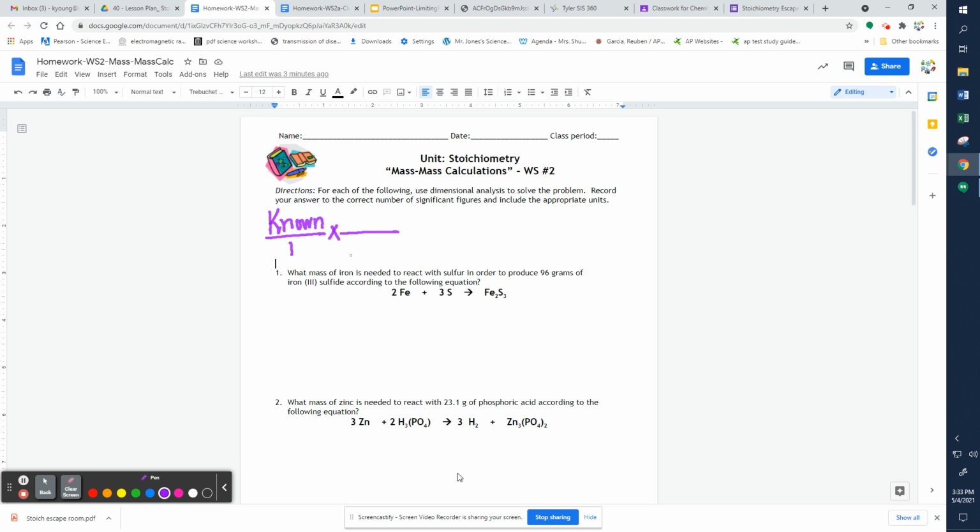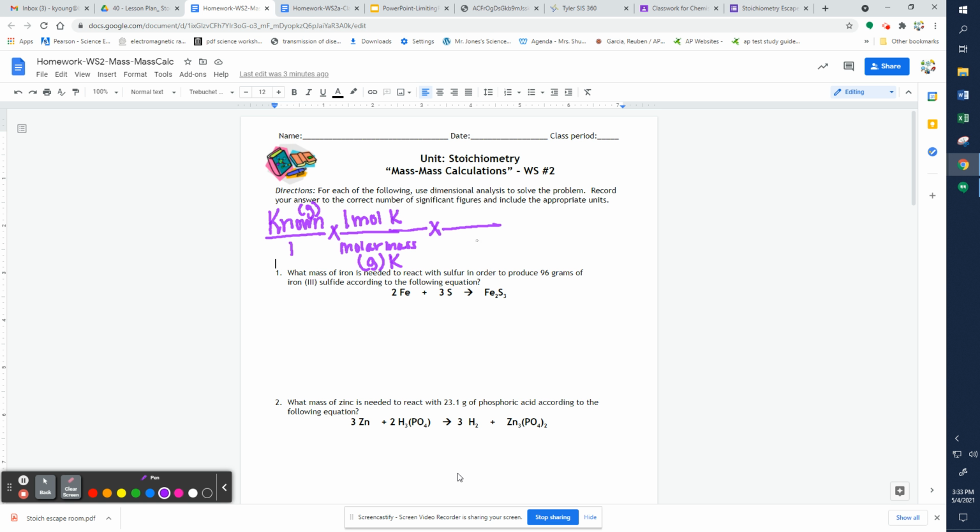From your known, which is always given in grams, you're going to multiply by the molar mass in grams on the bottom. Those are going to cancel out, and that's going to be the molar mass of the known. On top, you're always going to have 1 mole of the known.